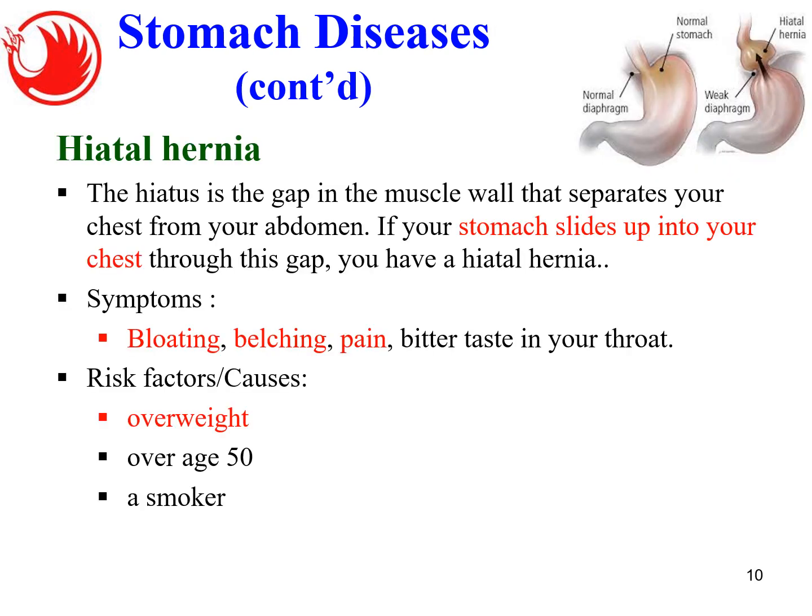Next is the so-called hiatal hernia. A hiatal hernia is a gap in the muscle wall that separates your chest from your abdomen. If your stomach slides up into the chest through this gap, you will have a hiatal hernia. Possible causes could be age-related changes in your diaphragm, or injury to that area.